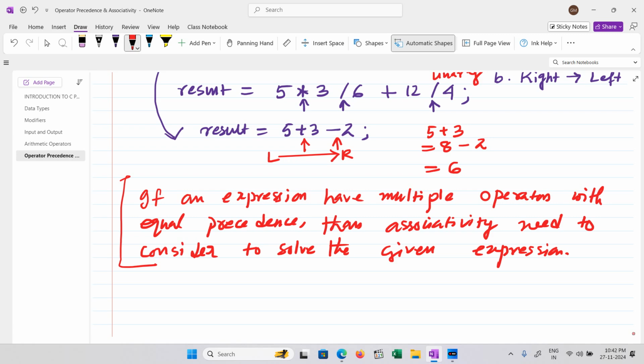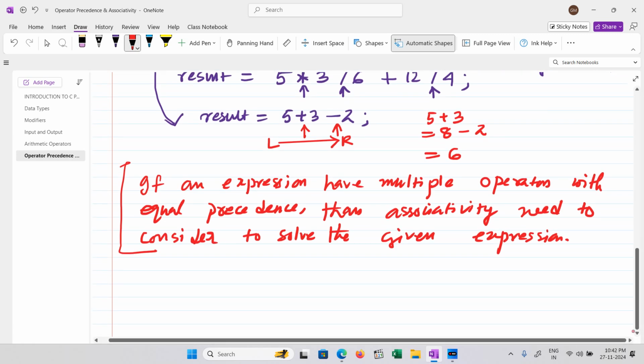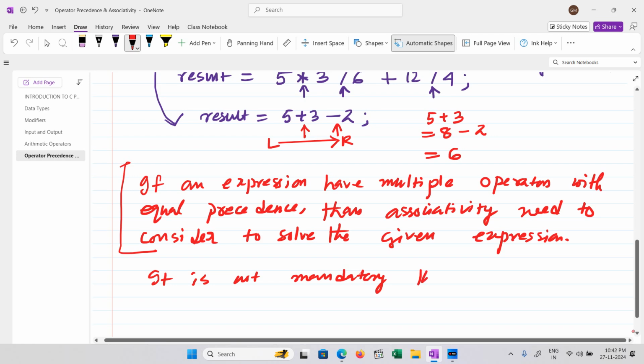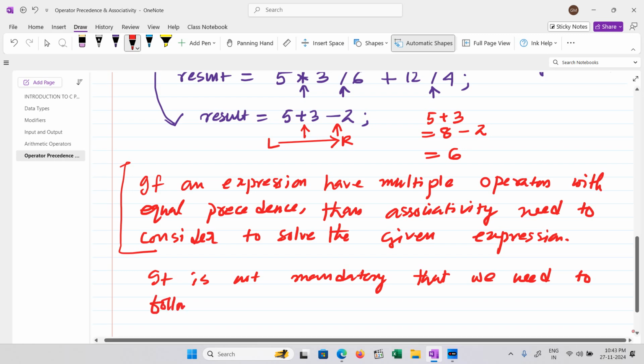Now C programming, and not only C but all other programming languages, say that it is not mandatory that we need to follow the precedence table for the order of execution.